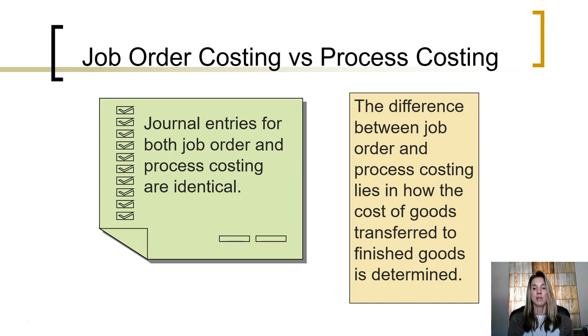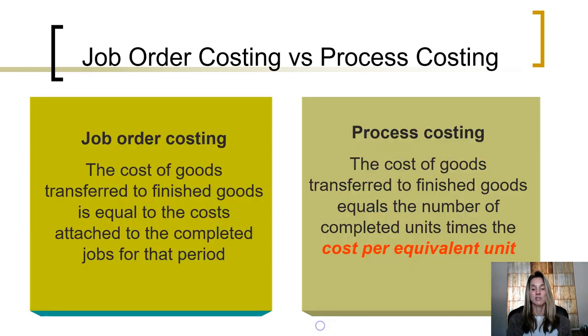The difference between a job order and process costing system lies in how the cost of goods are transferred to the finished goods and how that cost is determined. In a job order cost system, the cost of goods transferred from goods in process to finished goods when inventory is completed is equal to the cost attached to the completed jobs for that period, which works well when we're able to differentiate one inventory item from another.